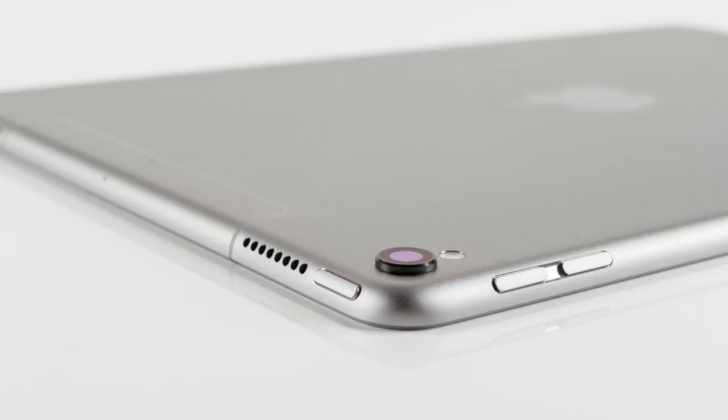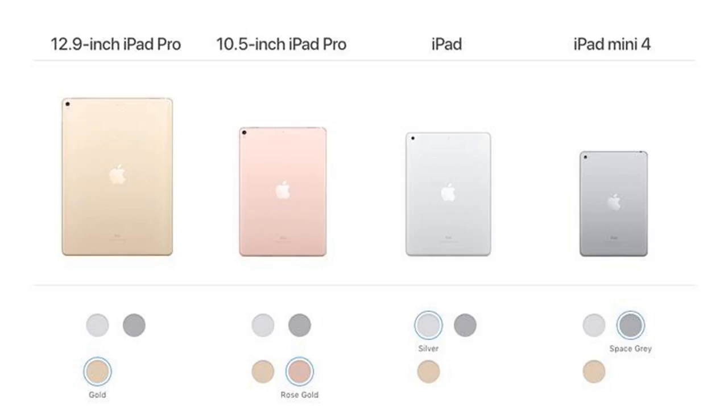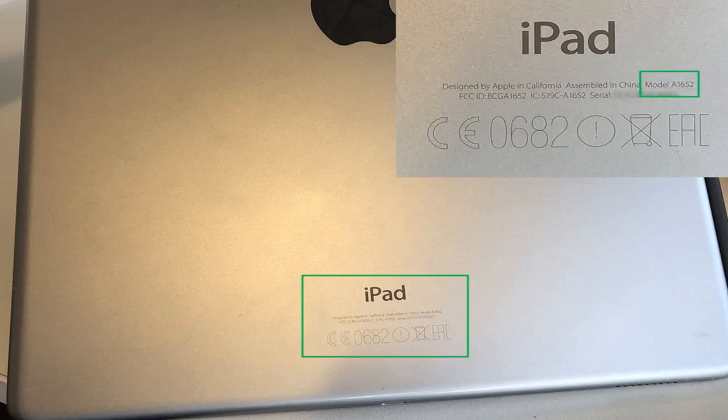Introduced October 2012. iPad Mini 2, aka iPad Mini with Retina display: A1489 Wi-Fi, A1490 Wi-Fi cellular. Smaller screen, 7.9 inches. Lightning port. Available in black or white. Retina display. Introduced November 2013. iPad Mini 3: A1599 Wi-Fi, A1600 Wi-Fi cellular.